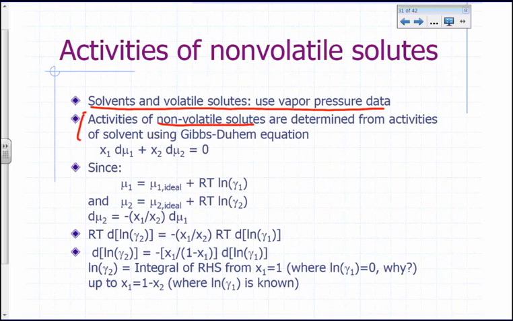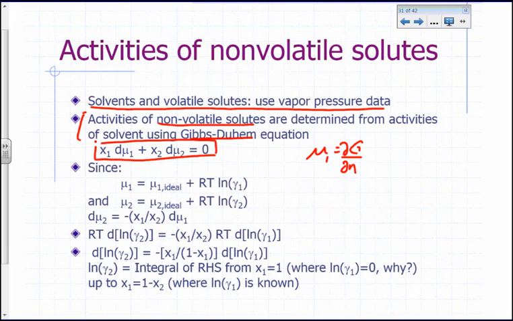Once you know the activity of the solvent and how it changes versus composition, then you can just use the Gibbs-Duhem equation to figure out the activity of your solute. The Gibbs-Duhem equation, if you recall, is x1 d mu 1 plus x2 d mu 2 is equal to 0, where x is the mole fraction of each component and mu is the chemical potential, the partial molar Gibbs energy.